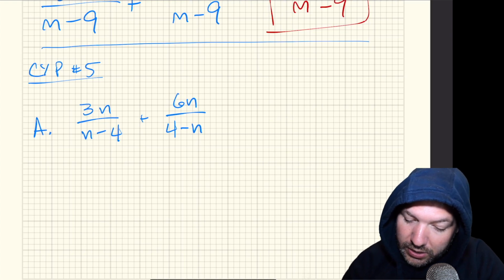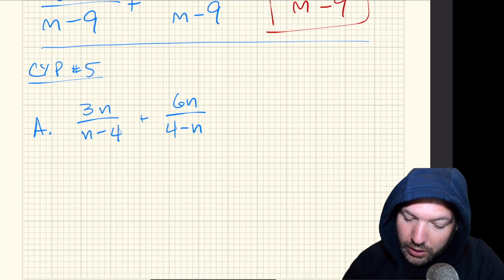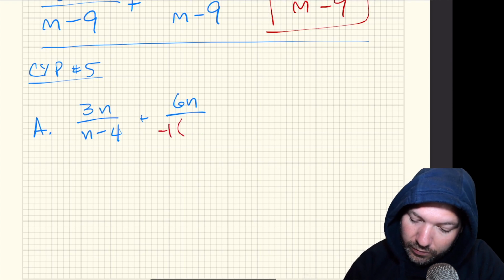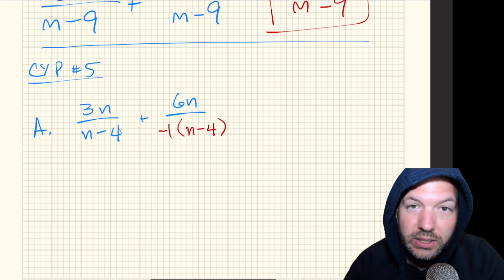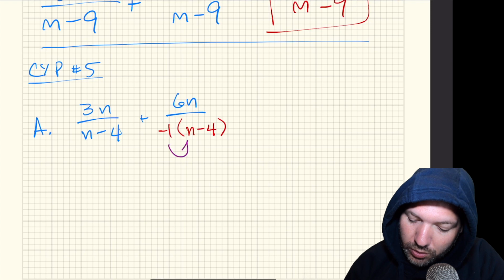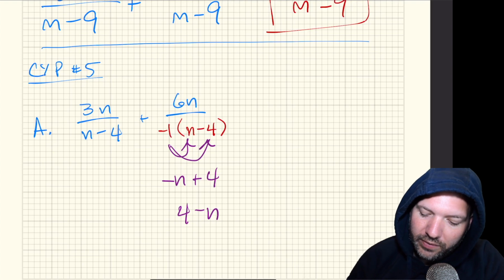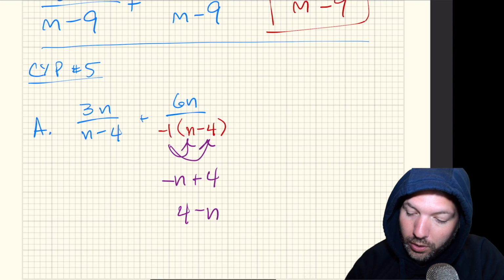Again, anytime I see something like 4 minus n, which is the flip of n minus 4, it's not the same thing because subtraction is not commutative, but it is an additive inverse. And so it's the same thing as negative 1 times n minus 4. If you distribute the negative 1, you are going to have a negative n and a positive 4, which is the same as 4 minus n.